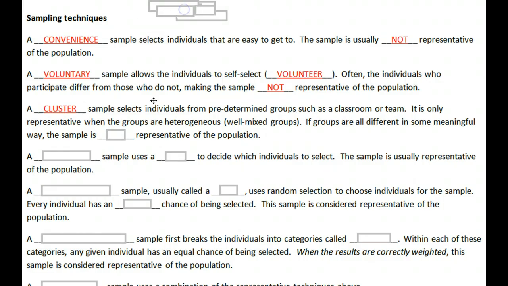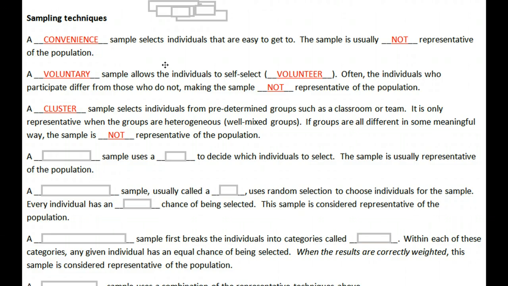Moving on, a cluster sample selects individuals from predetermined groups such as a classroom or a team. It means like a single classroom could be a cluster if you were studying the school, for example. It's only representative when the groups are heterogeneous, which is a big word for just saying they're well mixed. If groups are all different in some specific way, some meaningful way, the sample is not representative of the whole population.